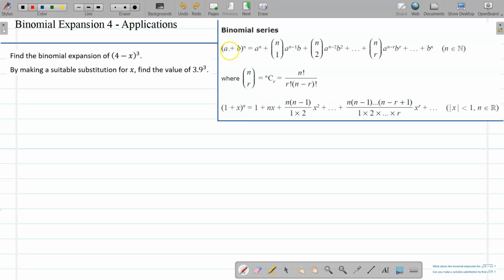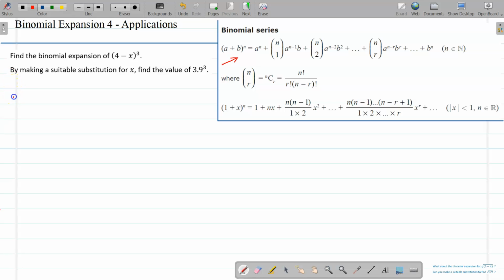So we're going to use the first version up here, which you learn about in the first year of A-level or year 11 additional mathematics. Okay, so basically a is going to be 4 and b is going to be negative x, and n is going to be 3. So I've got to make the binomial expansion of that.